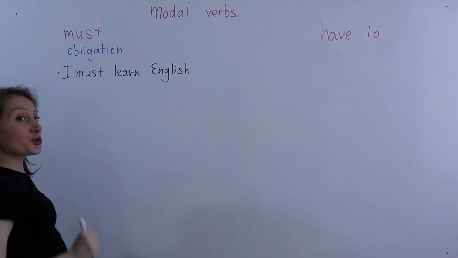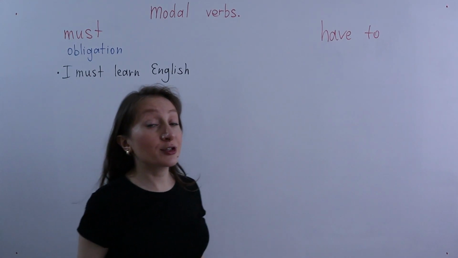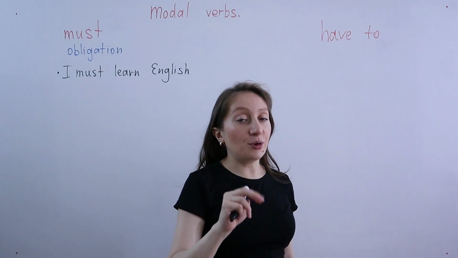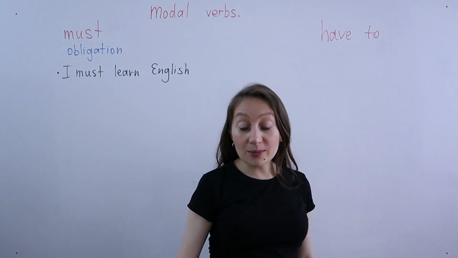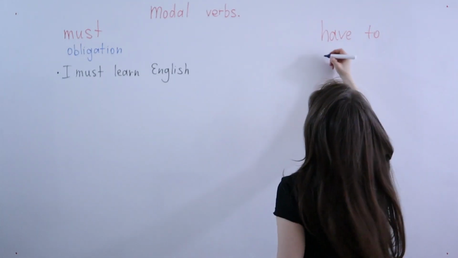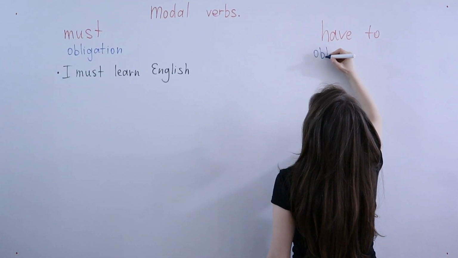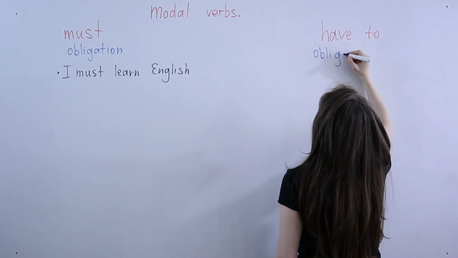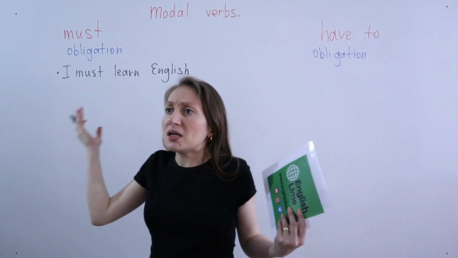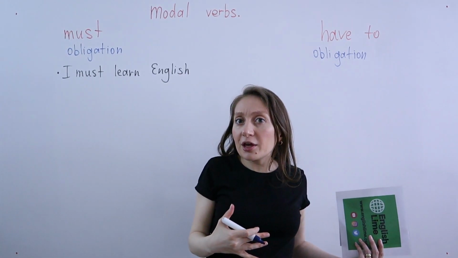Now, let's go to the verb have to. We use this verb, the verb have to, when we talk about also obligation. You probably think, what is the difference? Must obligation, have to obligation?